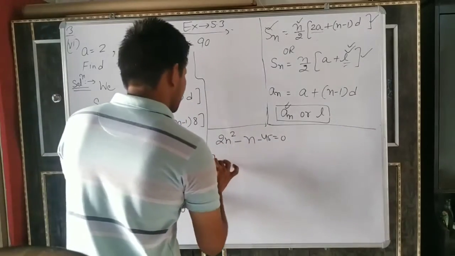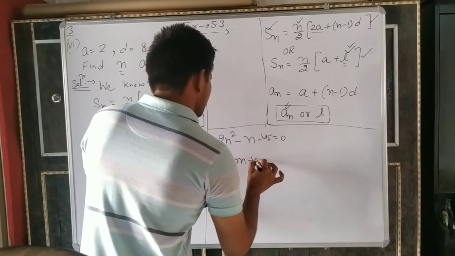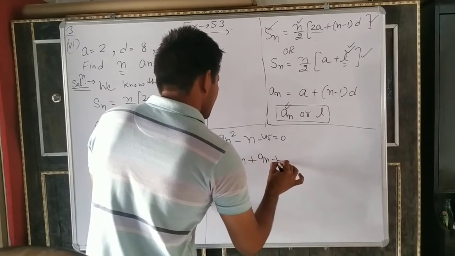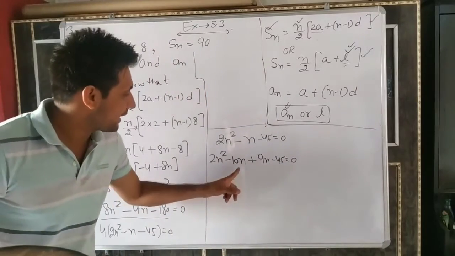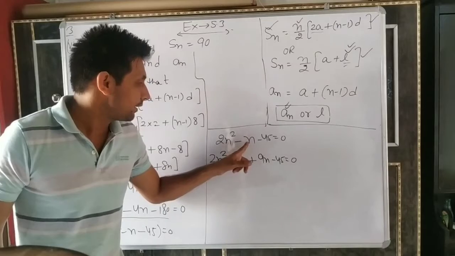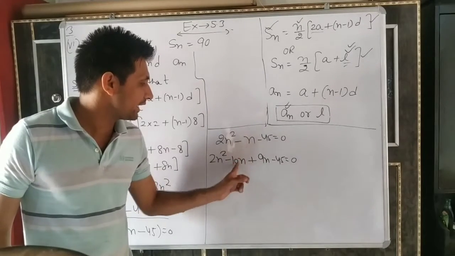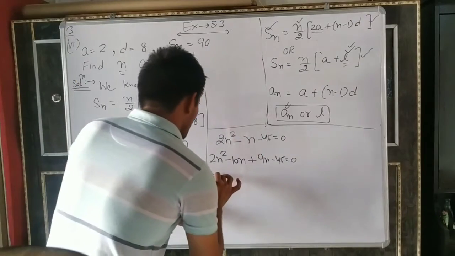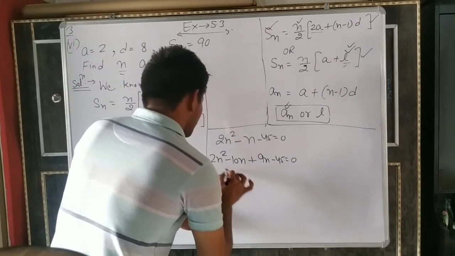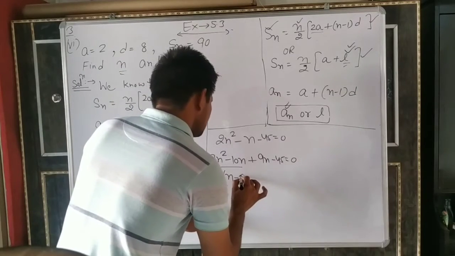So I am writing 2n square minus 10n plus 9n minus 45. I split the middle term: minus 10n plus 9n, and 10 into 9 is 90. So what is common? 2n is common from here. What remains? n minus 5.